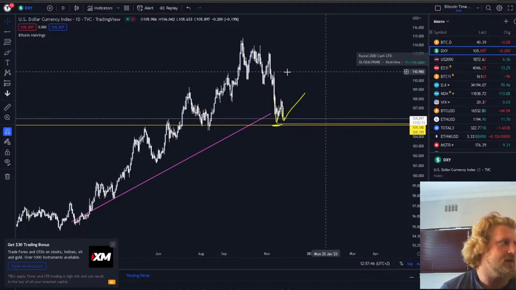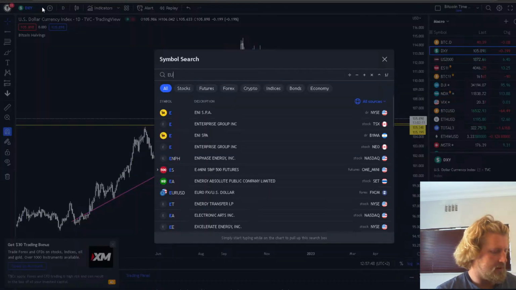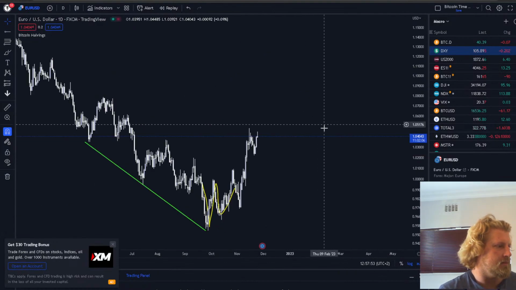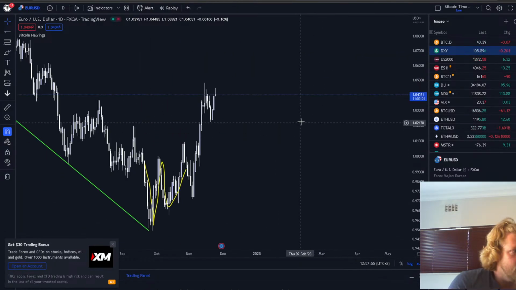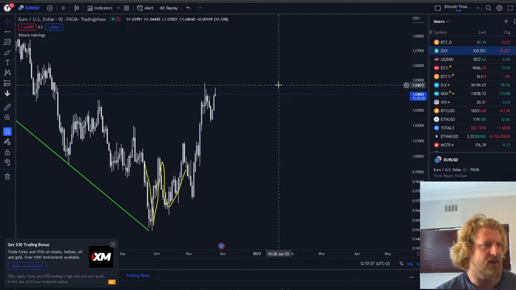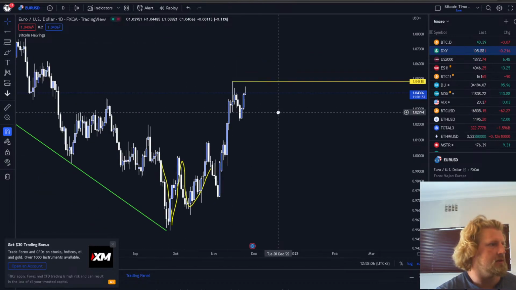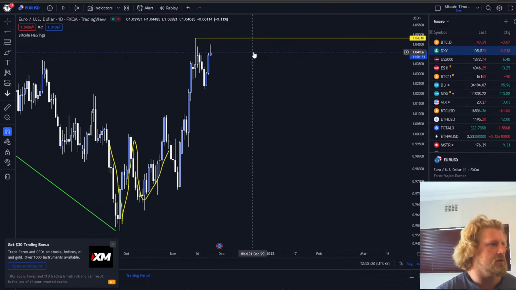They want to preserve their value. And we can look at the euro versus the dollar. This is probably more valid because the dollar is a basket of many different currencies, as you actually can't trade the dollar itself. We haven't broken the highs yet. We still need the dollar to continue weakening.